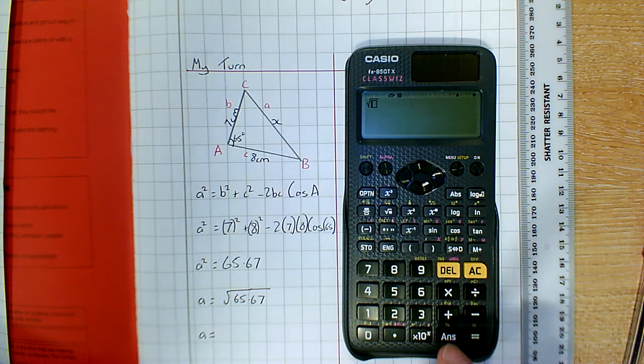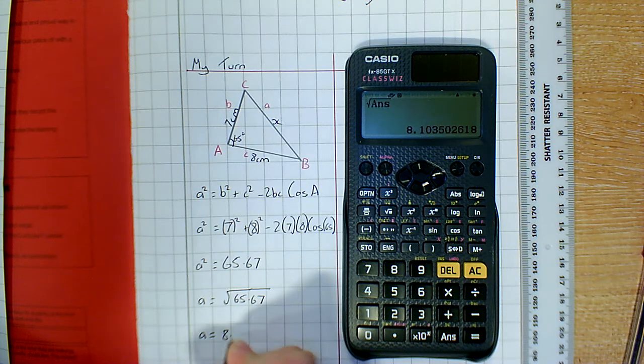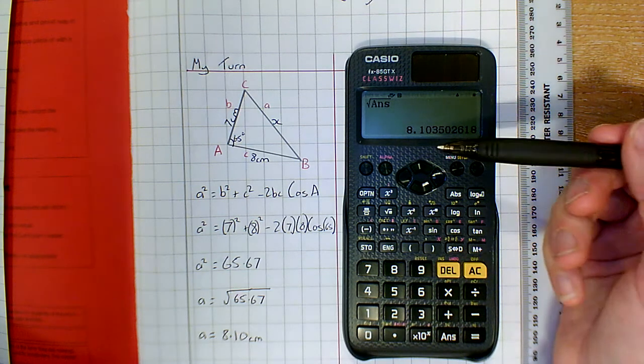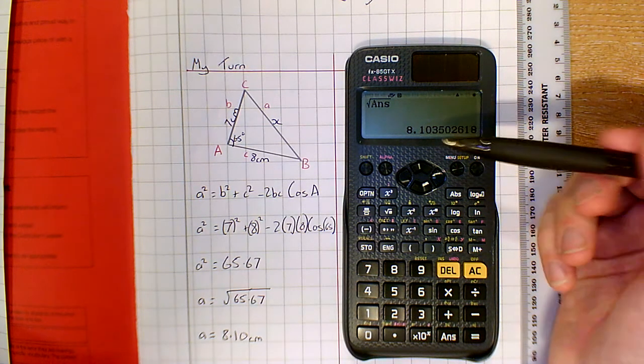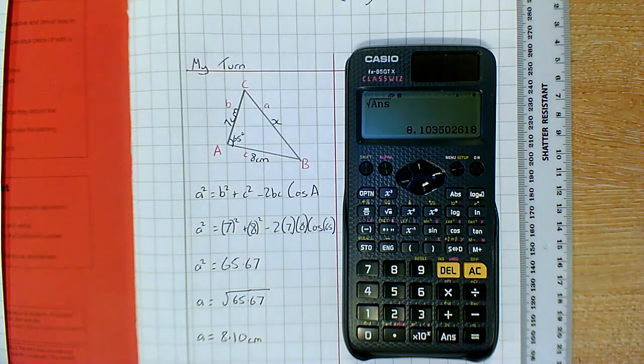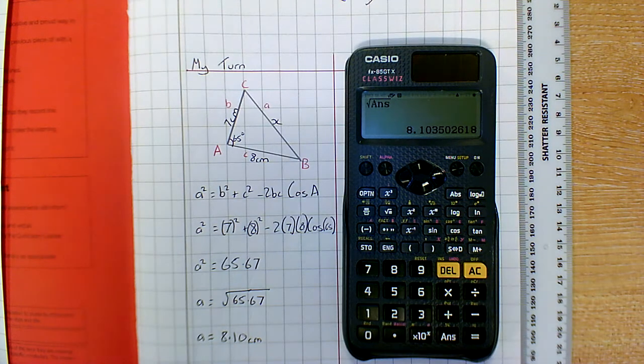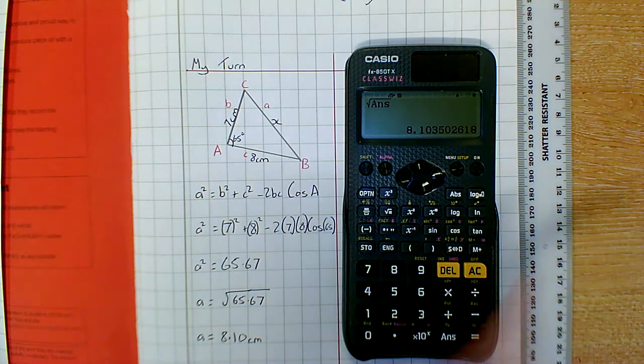So all I have to do is press square root and answer, and it gives me an answer of 8.10 centimeters to 2 decimal places. You do need the 0 to show because it is 2 decimal places. In this case, it happens to round down to a 0. Okay, and that's all there is to finding a missing side using the cosine rule.